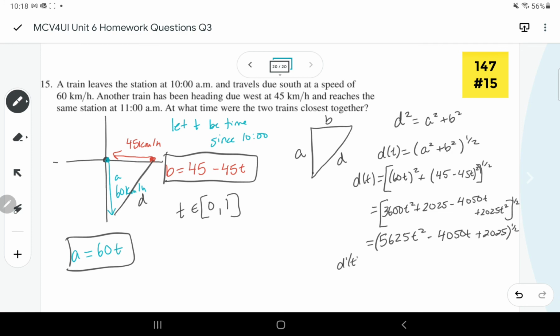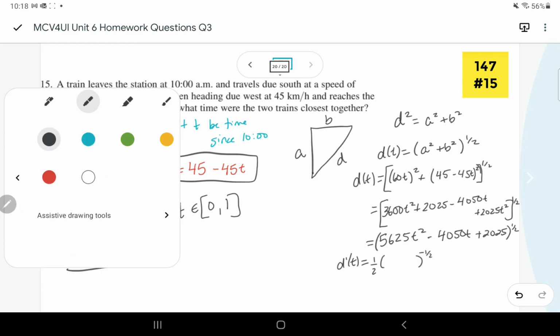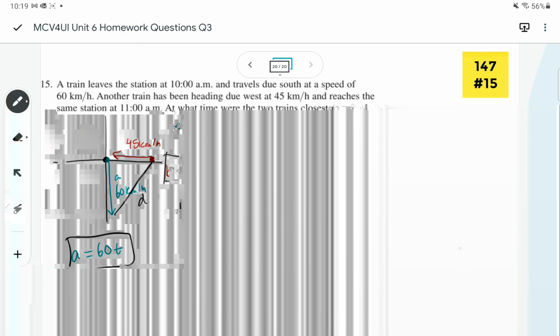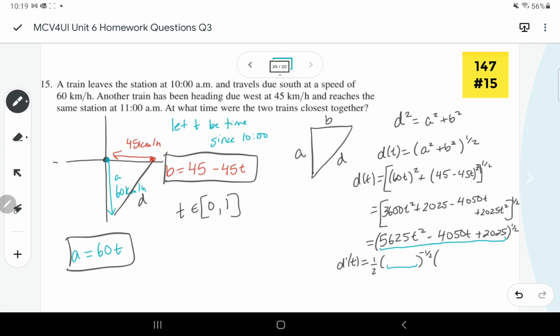Then when we do our derivative, we'd have 1/2, and just to save space, I'm just going to leave this bracket. You should not do this on a test ever, but I can't make another Jamboard because I'm at the 20th slide here, and I will run out of room. So I'm just not writing that because it's going to go on the bottom. And then times the derivative of the exponent, which is 11,250t minus 4050.